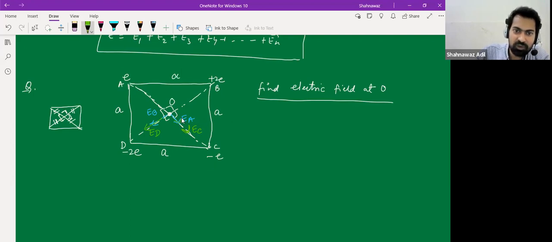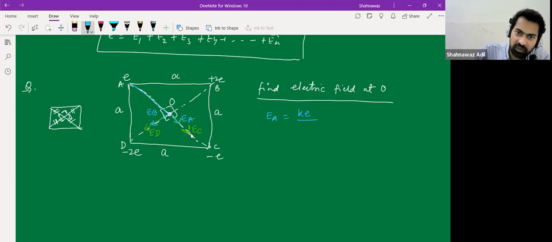So before we do that, let us find the magnitude of EA. So the magnitude of EA would be, we have to find the distance, and the charge is E. So this is K E over, and this distance is what?